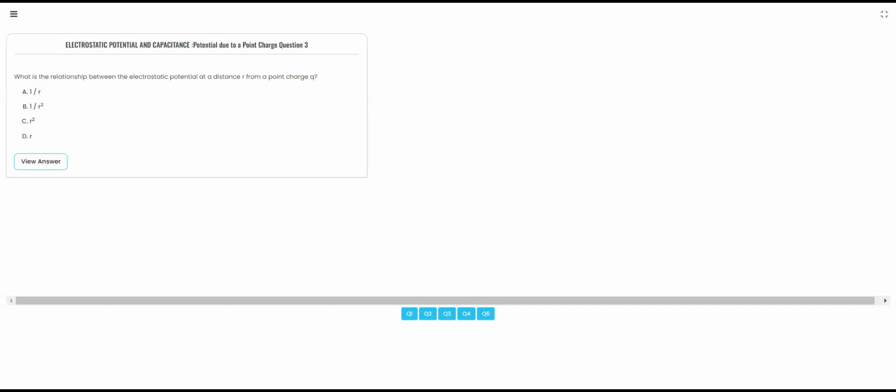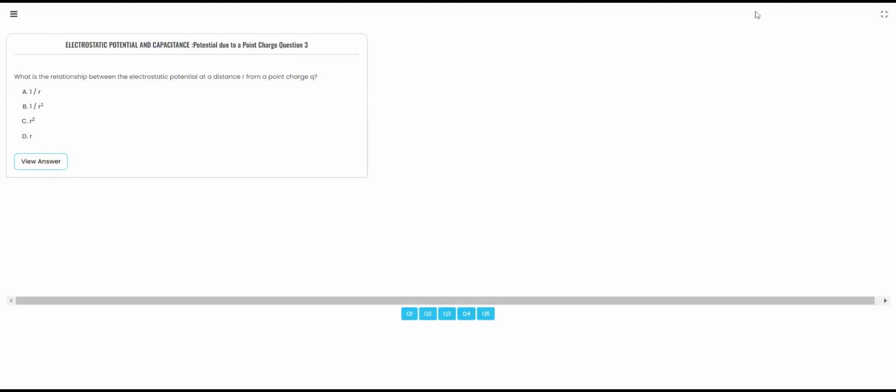Someone is giving answer option C. Anyone else? Option C. Let's see what the formula for electrostatic potential is.